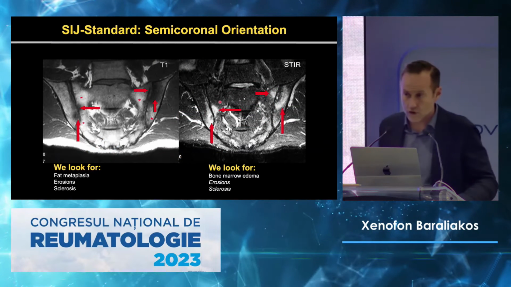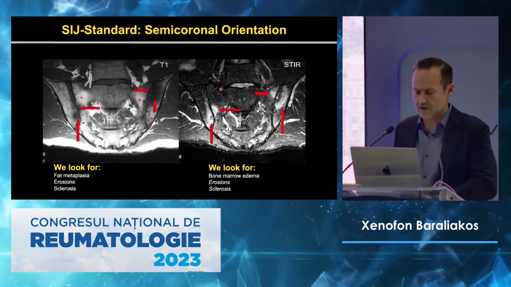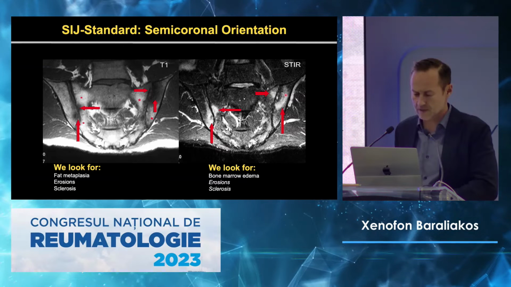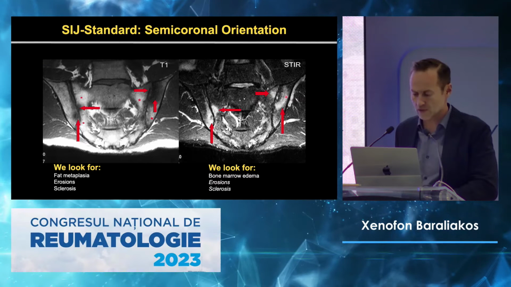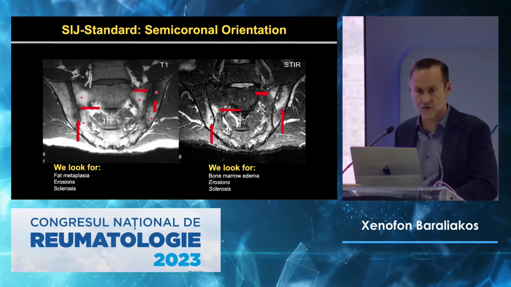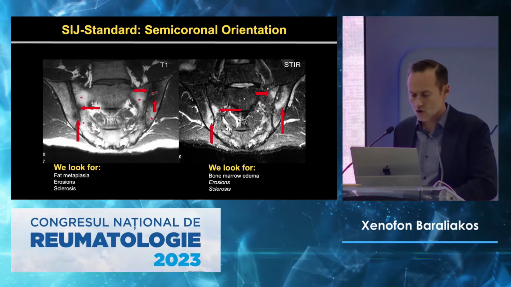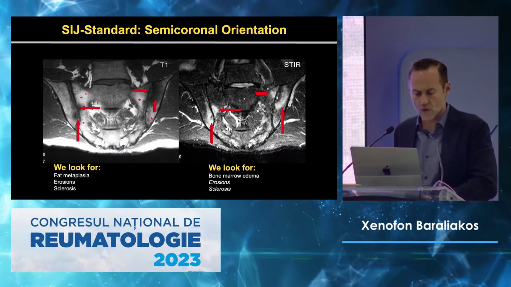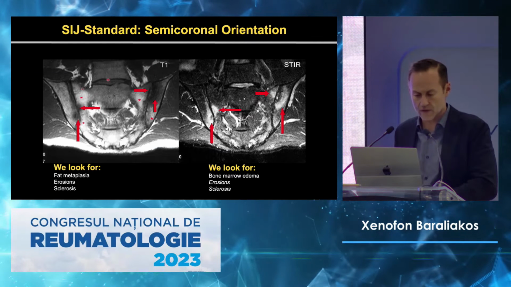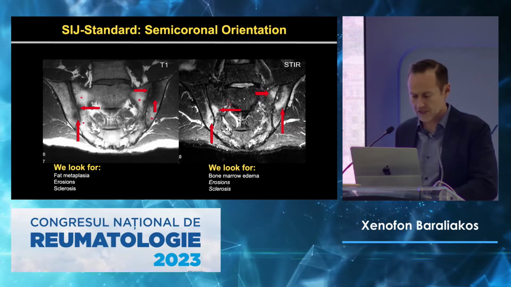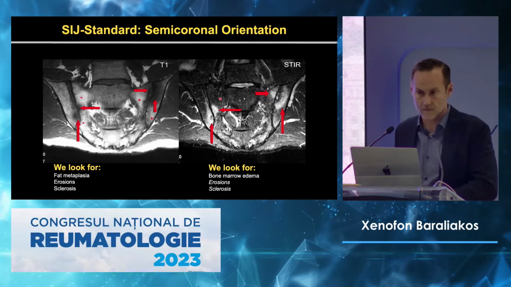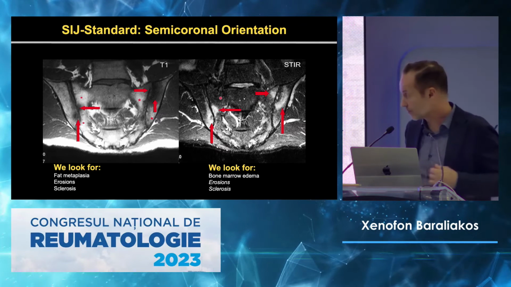And what we are looking for is typically, again, on the STIR sequence, the edema, which is white on the STIR and black on the T1 image. Or we look for the white lesions on T1, which is fat, and it's black on STIR. So they are complementary.